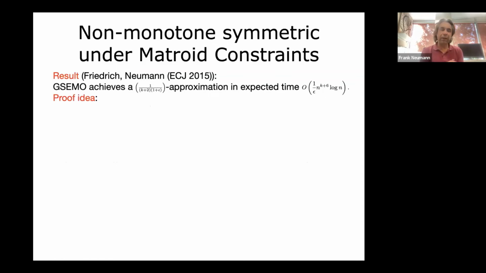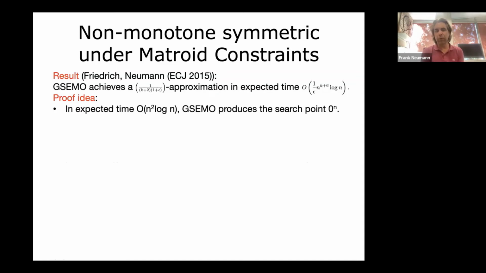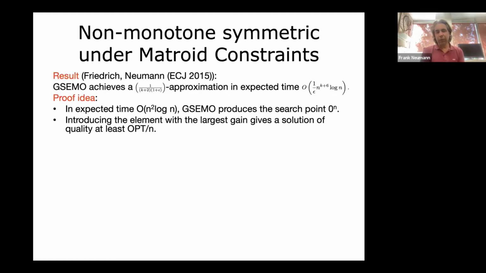Okay, and I just want to highlight what the idea is with that. So if you go to GSEMO again, you're getting the search point, and I said that this is important, the empty set you're getting into the population after a certain amount of time. What you can do then is, if you introduce the element that gives you the largest function value for your problem, then because it's submodular, you're getting at least the value of OPT divided by n.